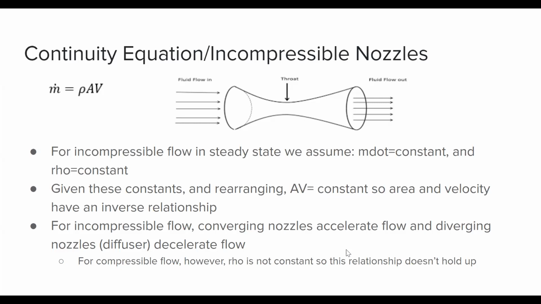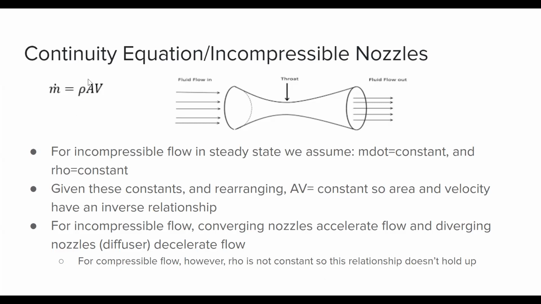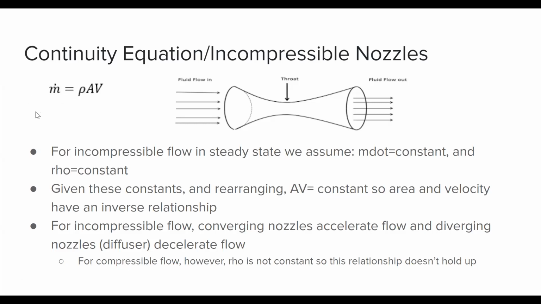For incompressible flow, remember we assumed that rho, density, is constant, so we could say that A V is constant. With compressible flow, you can't say that anymore, because mass flow rate here is the only one that's constant. Density can change, area is changing.